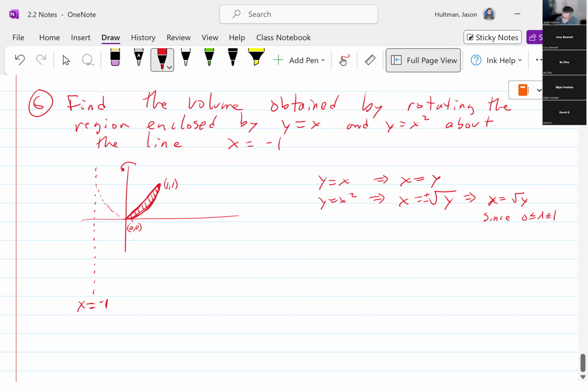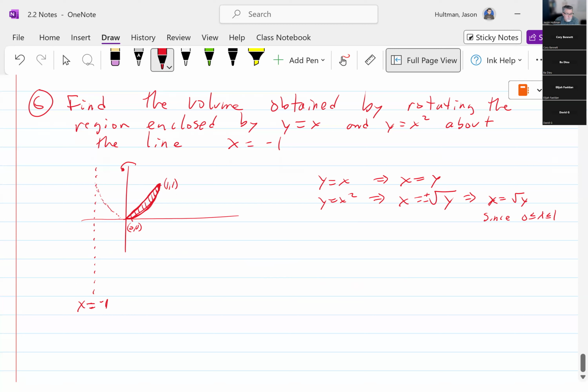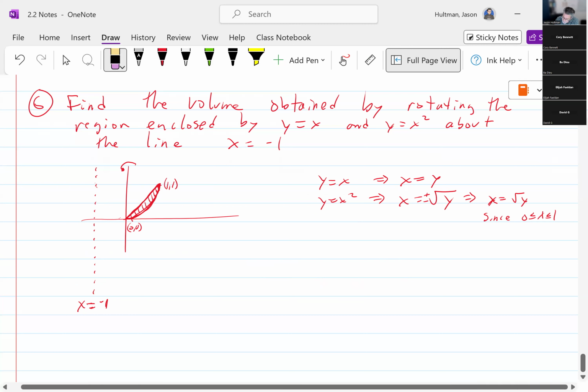It would correspond to that part of the parabola. But because there's no intersection over there, and we're not talking about that, we only want to take the positive.